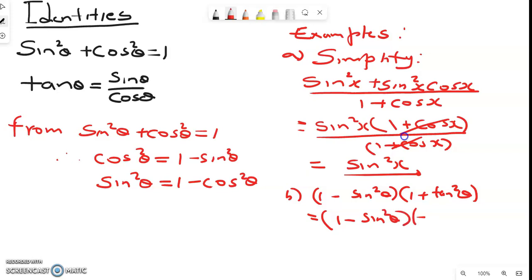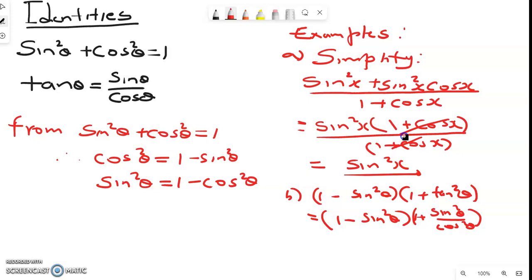Then we have tan squared theta, which can be expressed as sine squared theta over cos squared theta from the square identity.